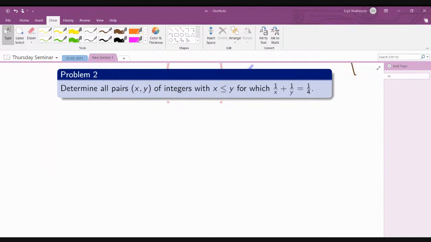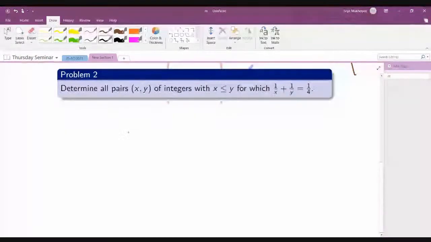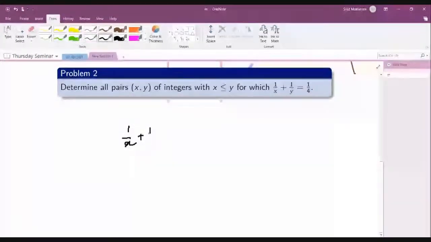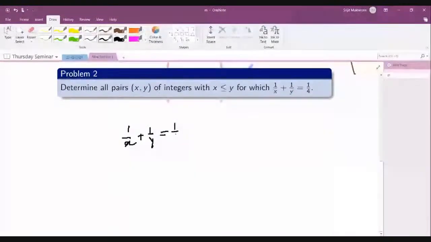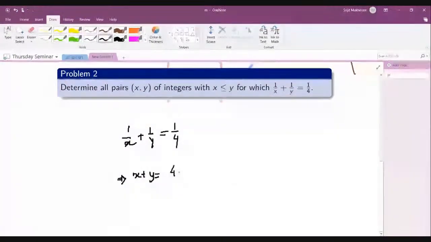Okay, multiply both sides by xy. 1/x + 1/y is equal to 1/4. So multiply by xy, and you get x plus y is equal to 4xy.